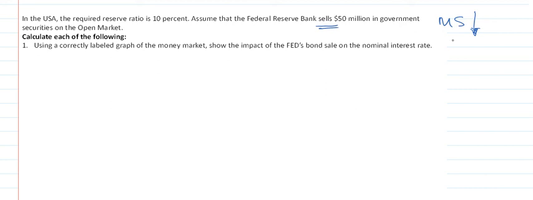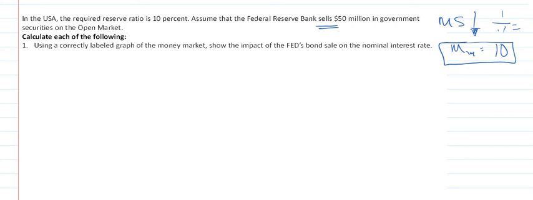So we know our money multiplier is going to be, if it's 10%, we know it's going to be 10, right? 1 over 0.1 equals 10. Okay, so we know money supply is decreasing. We know our multiplier is 10. Let's get that off right away.